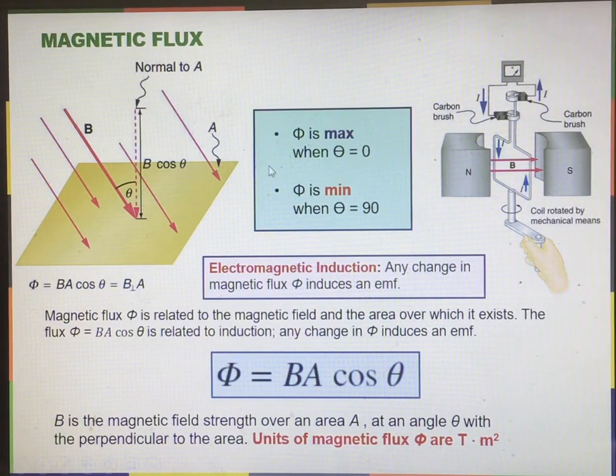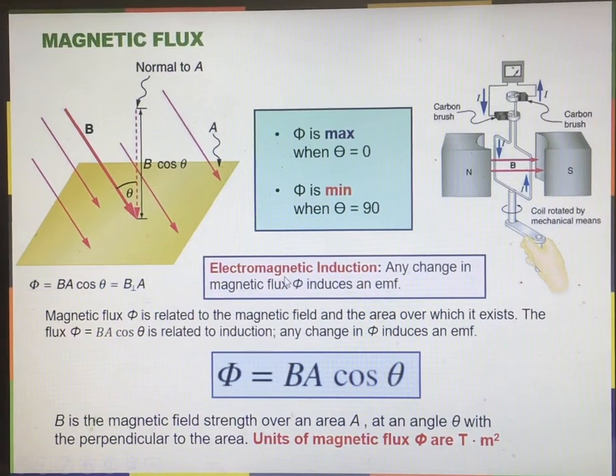So the point is that the flux is going to be maximum when theta is equal to 0. When theta is equal to 0, it means that you have more magnetic field going through this area. When theta is equal to 90 degrees, the magnetic field is actually perpendicular to the normal to the area, and in that case, the flux is just going to be equal to 0.